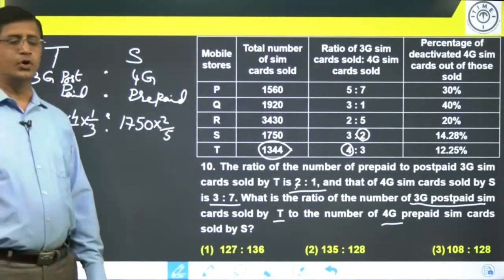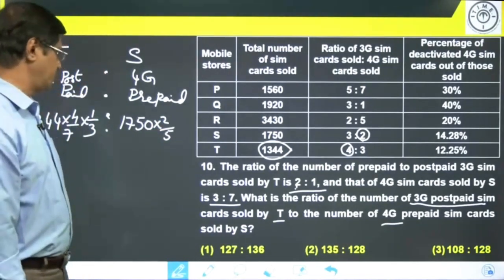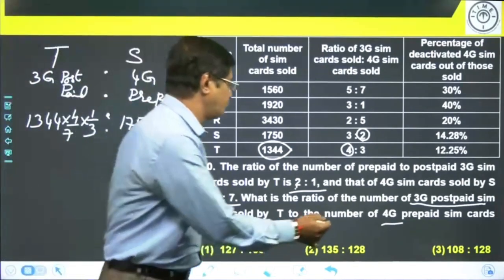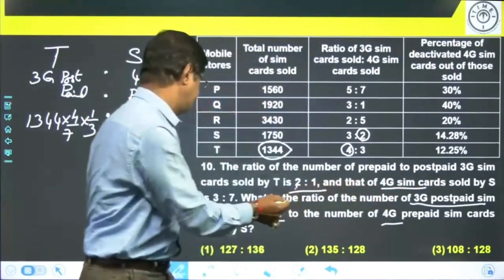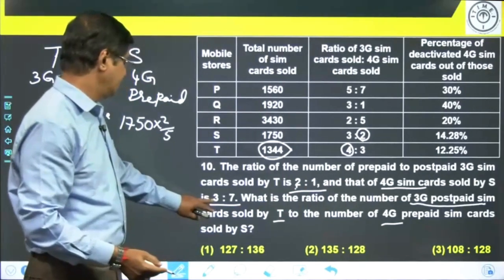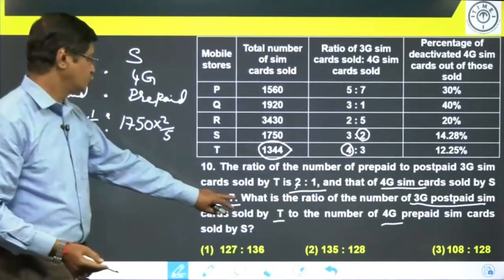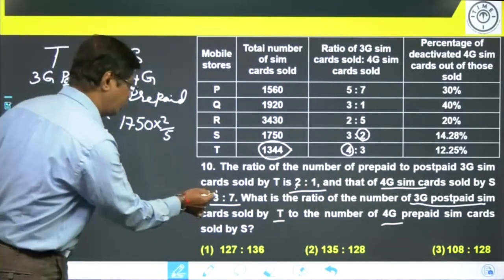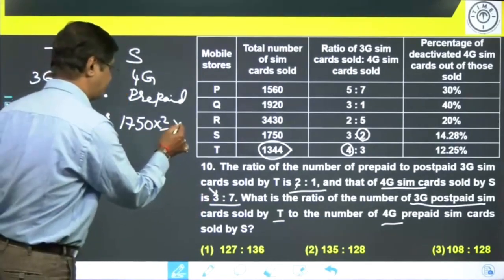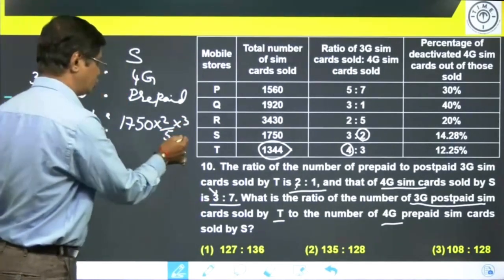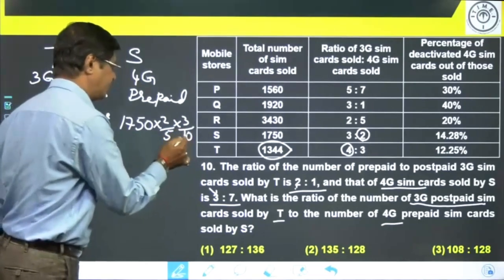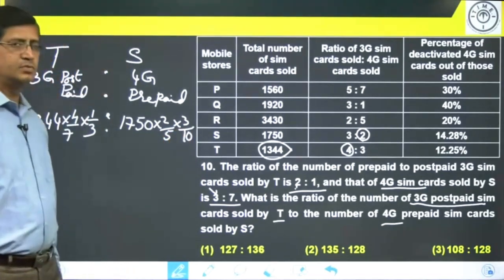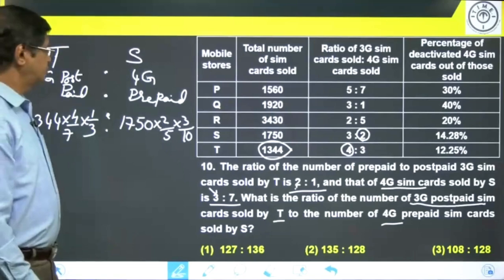Now, if you observe the 4G SIM cards, prepaid to postpaid, that is 3:7. So prepaid to be found. So here 3 parts. 3 parts by sum of the ratios. Sum of the ratios means it is a 10. 3 plus 7.